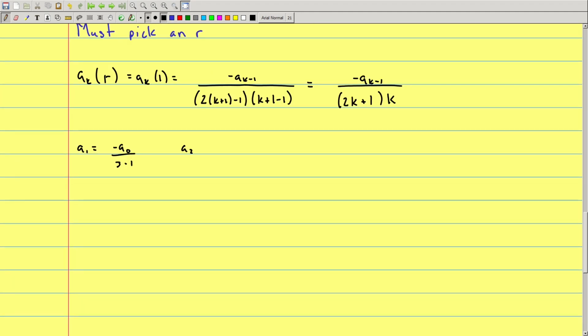So we can figure out a 1, and then we can figure out a 2, and then we can figure out a 3, sorry, that should be 7 times 3.